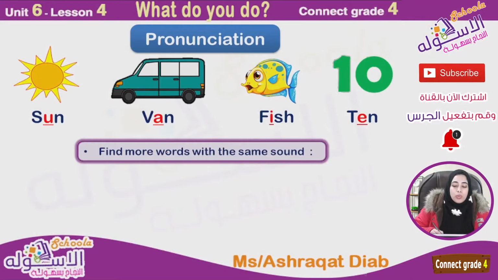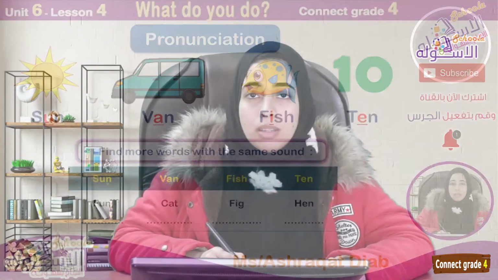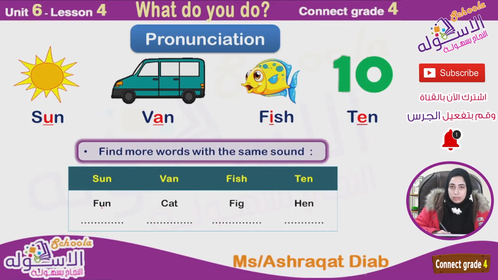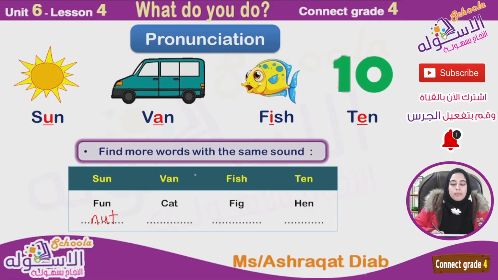Now we need to find more words with the same sound. So, the word sun, we want to find other words with exactly the same sound. Like sun, fun, okay. We can also write nut. So here we have short U like sun, fun, nut. Short A, van, cat, ant.